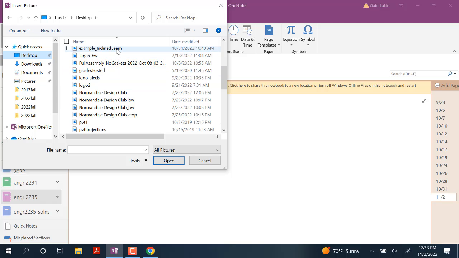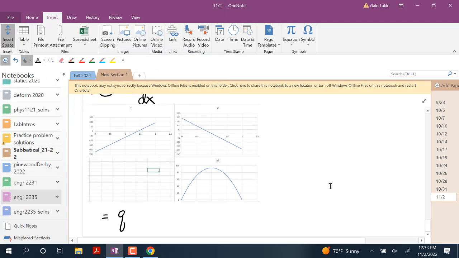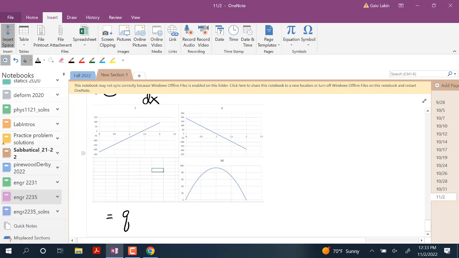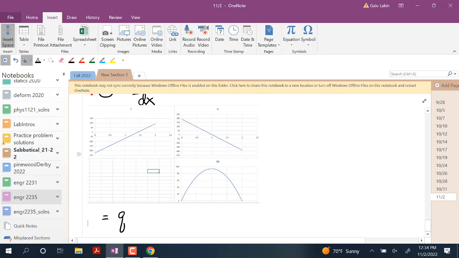Okay, so that's what these graphs look like. These numbers are sort of hard to see, but for tension, at the left end, it starts out with a tension of -2 something. It's negative, so that's a compression, okay? And then the compression gets smaller and smaller until the tension starts becoming tension towards the end, okay?